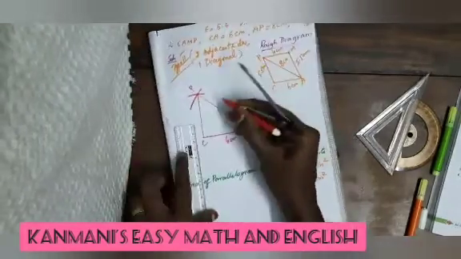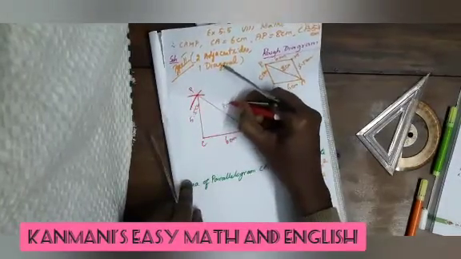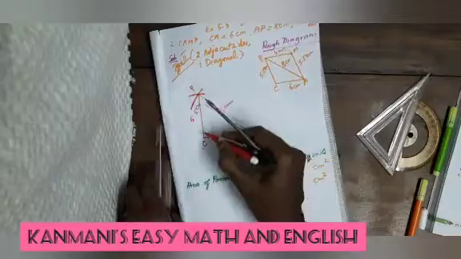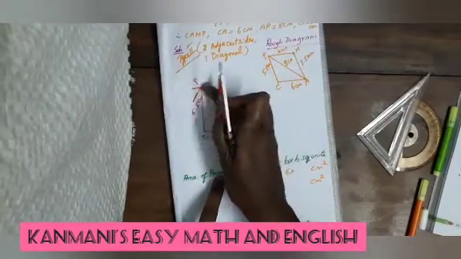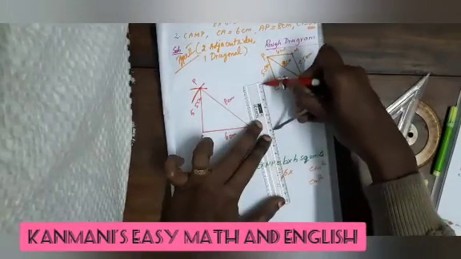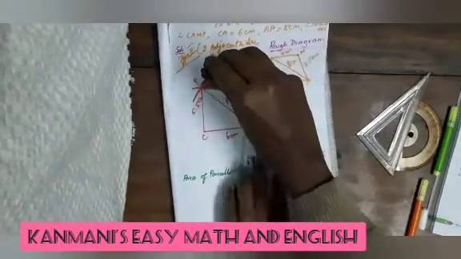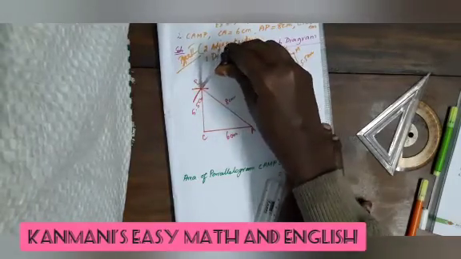So let us write down the measurement. CP is 5.5, AP is 8. We know that opposite sides are equal in a parallelogram. If CA is 6, then MP will be 6. So let us take 6 centimeter in our compass. And with P as center, let us draw an arc over here.